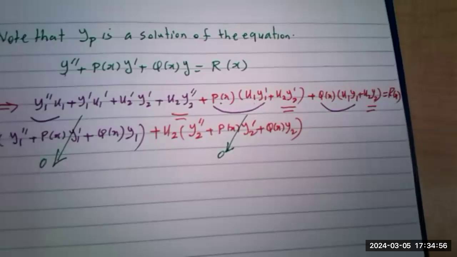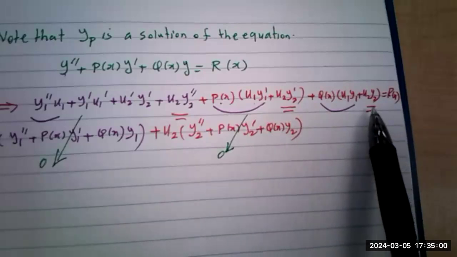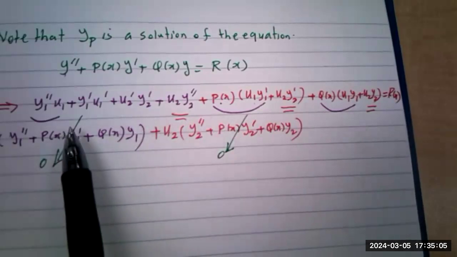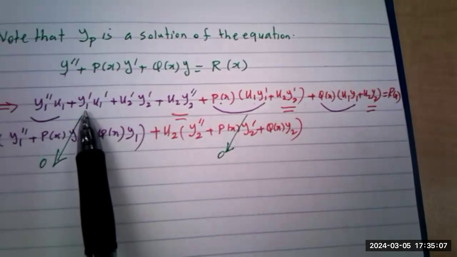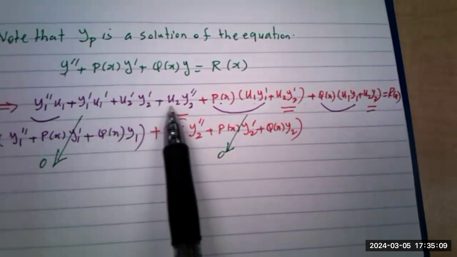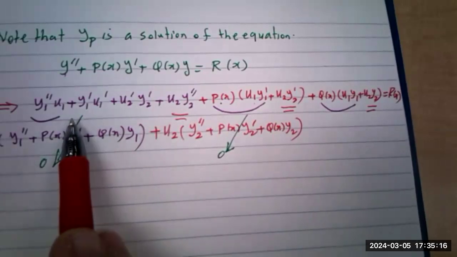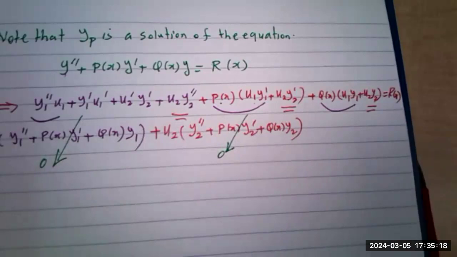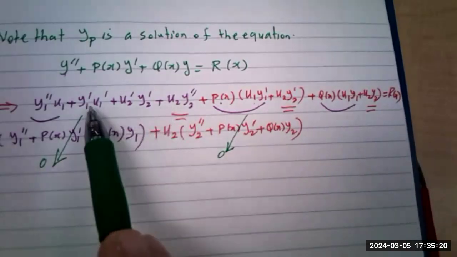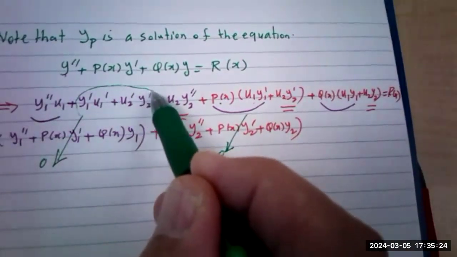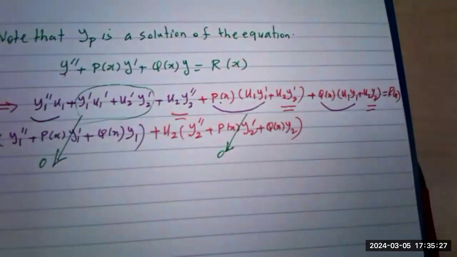So what's the leftover? That leftover is the one that you need. Everything cancels out except these terms that you see over here. So we put them together. Only these two on this side and r(x) on the other side.